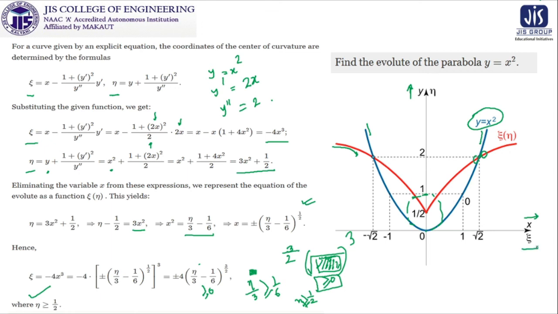Similarly, this is the direction of ξ and this is the direction of η for the red line. So in the same space we are representing the curve as well as its evolute. I think this problem is clear. All the problems are of stereotype, but your visualization has to be crystal clear.